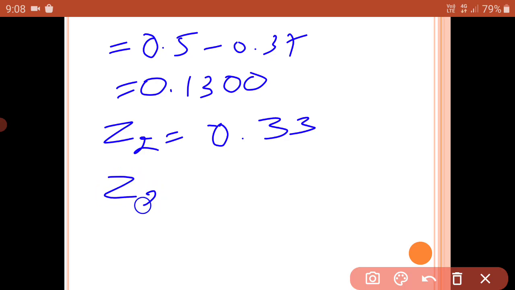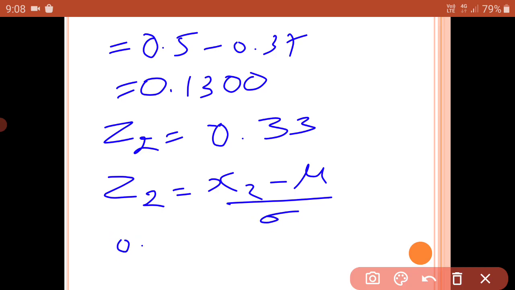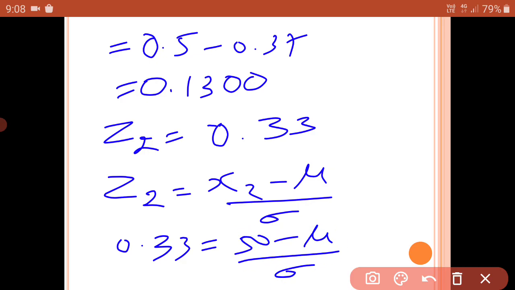Then you apply the formula, Z2 is equal to x2 minus mu upon sigma. 0.33 is equal to x2, means 50 minus mu upon sigma, and then multiplying by sigma, you get 0.33 sigma is equal to 50 minus mu.